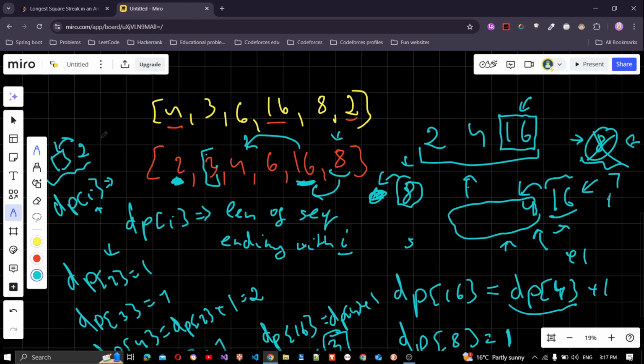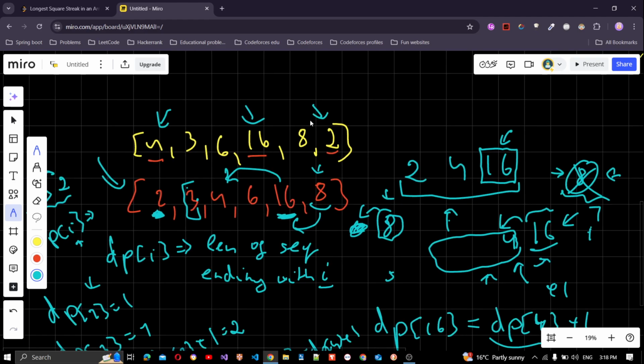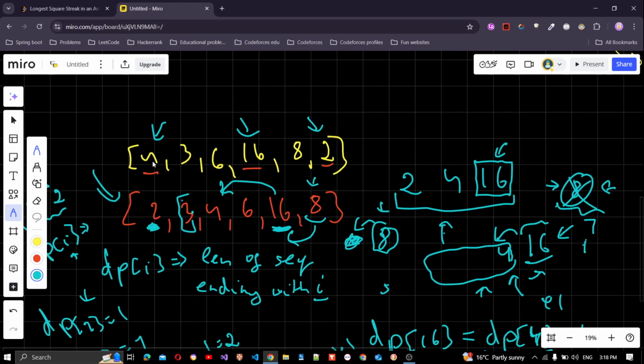The reason we sort this array at first is because when you get a sequence like 4, 16, and 2, you'll sort it anyway, so sorting does not affect the process. We have 4, 16, and 2, but it's actually 2, 4, and 16 that we want to check.